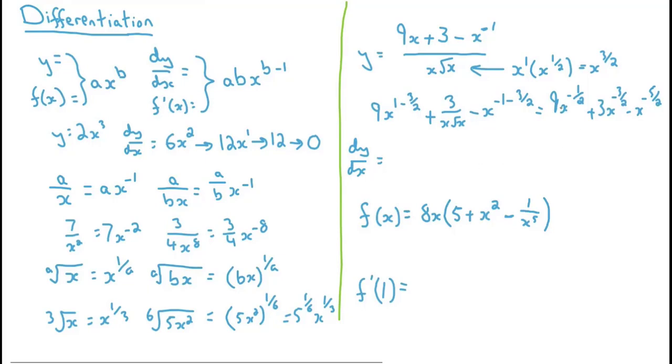So 9 times minus a half is going to be minus 9 over 2. You could say 4.5, I'll keep in fractions. x to the minus 3 over 2, because we're taking 1 away from minus a half, which is minus 1.5. Next, 3 times minus 3 over 2, it's going to be minus 9 over 2 again.